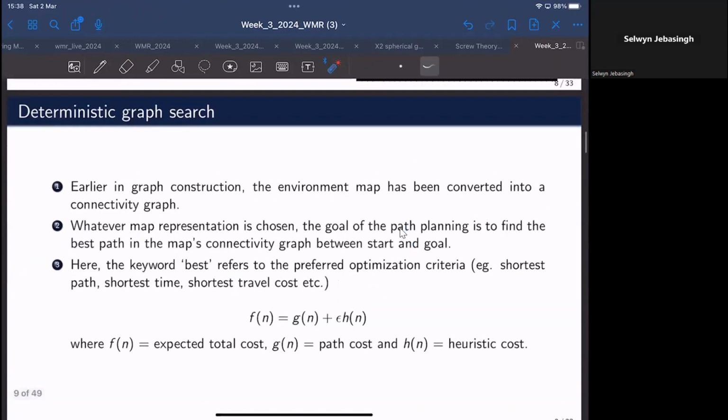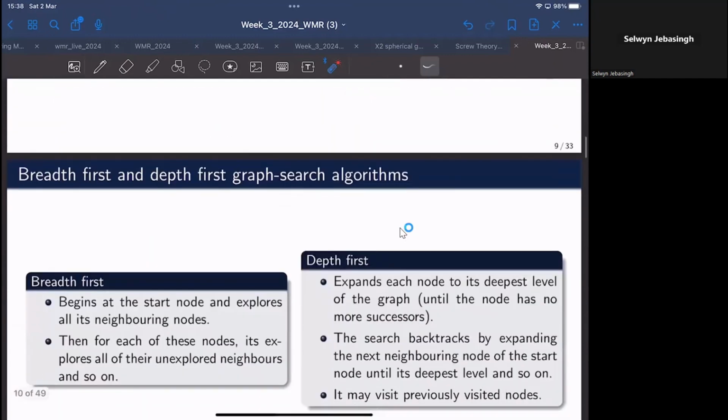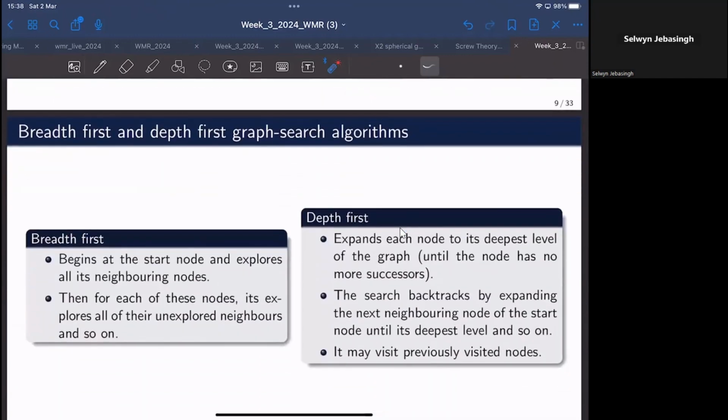So sticking to the same topic of graph search, there are multiple algorithms. There are two different ways in which you can explore all these paths. The first is called the breadth first graph search algorithm, and the second is called the depth first graph search algorithm. So for example, I will give you one example.